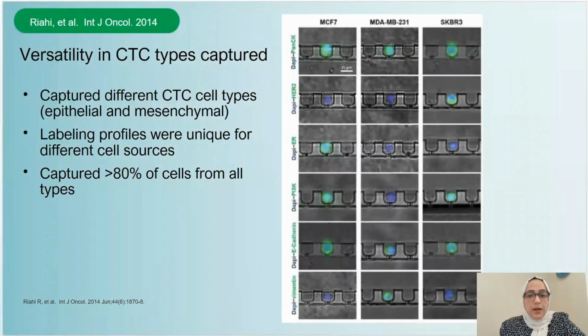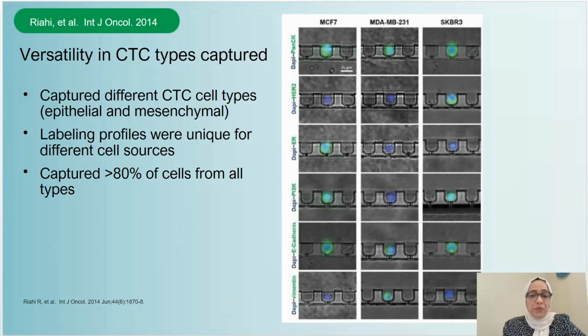This study highlights the versatility of the Genesis system. This group used different breast cancer cell lines, including epithelial cell types such as MCF7 and SKBR3, and mesenchymal cell types, for example MDA-MB-231, as well as a custom panel of biomarkers, including pan-cytokeratin, HER2, ER, PI3K, alpha-catenin, E-cadherin, and vimentin.